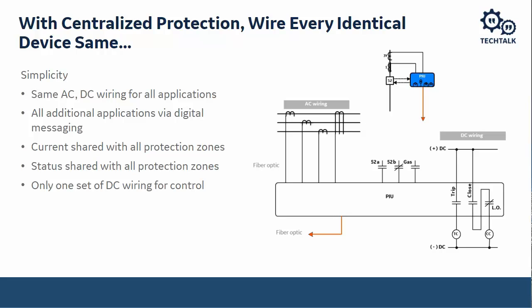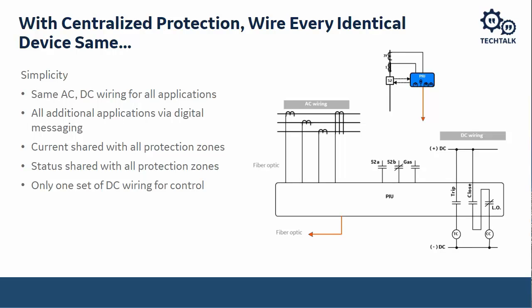Load shed, trips, recloses. I mean, the possibilities are pretty much endless because now you have all the information available to your relay. But the nice thing is that it's all standardized.